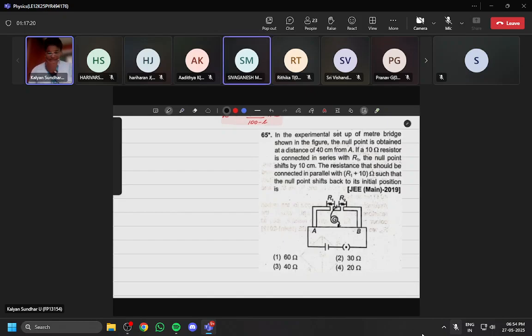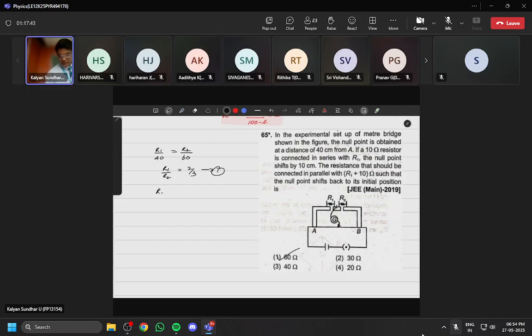Right sir. So first case is, yes sir, 60 ohm is correct. So R1 by 40 will be equal to R2 by 60, correct? So from here R1 by R2 will be equal to 2 by 3. That will be equation 1, right? Second, here we are just connecting in series with it.